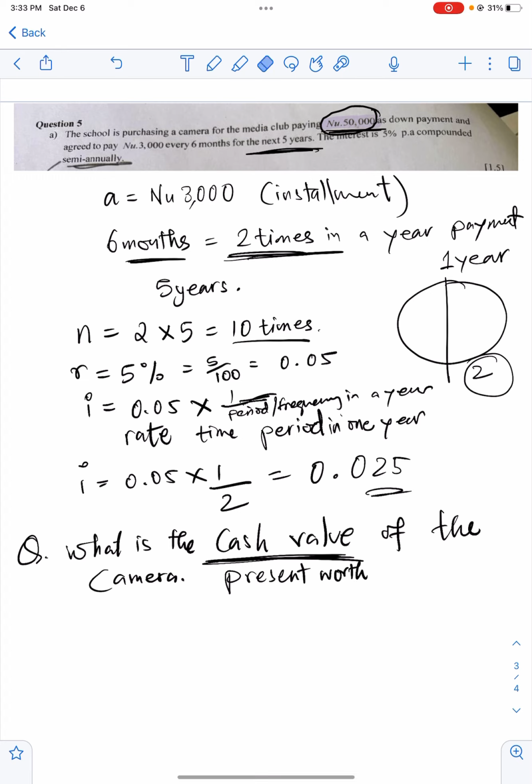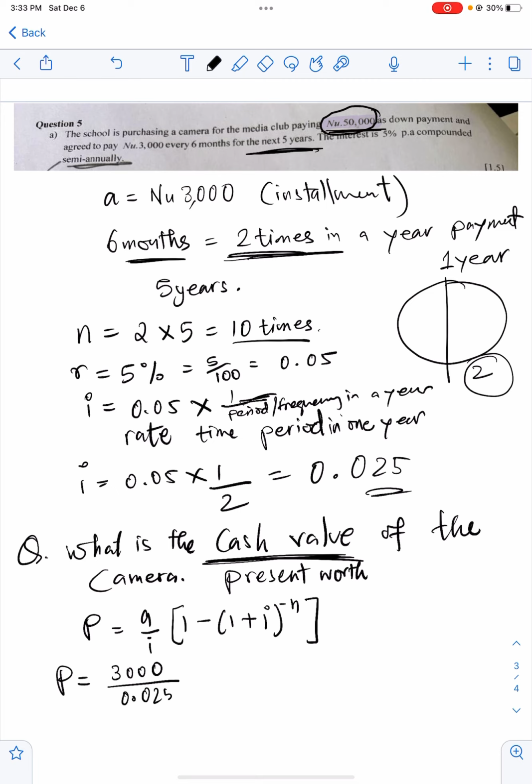So P. We already have a formula, which is P equals A over I, bracket 1 minus 1 plus I raised to negative n bracket close. A, small a, means installment, so 3,000. I, we already got 0.025.